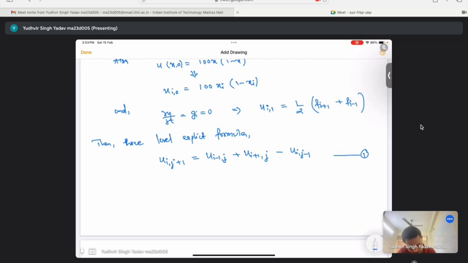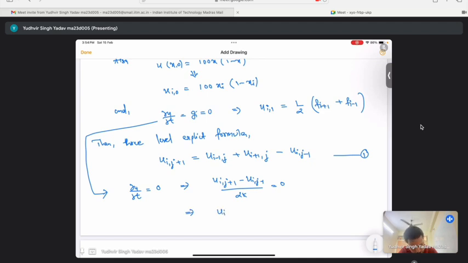And from this initial condition, simply applying the first order central difference formula, we will have (u(i, j+1) - u(i, j-1)) divided by 2k equals 0.